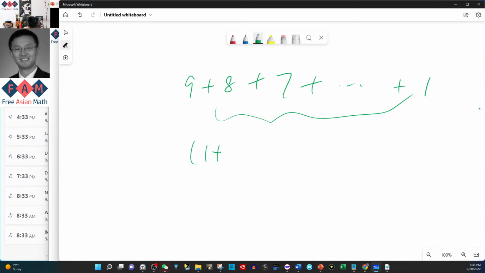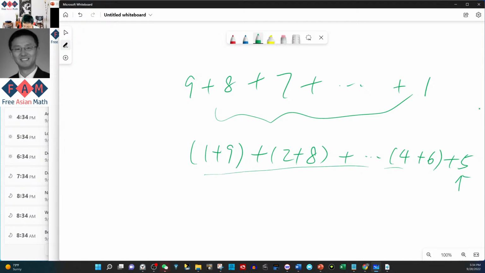This is 1 plus 9, 2 plus 8, 3 plus 7, 4 plus 6, and there's a 5, which has no pairing. So there are 4 such groups of 10, so that's 45. In total, you have to memorize 45 addition facts.